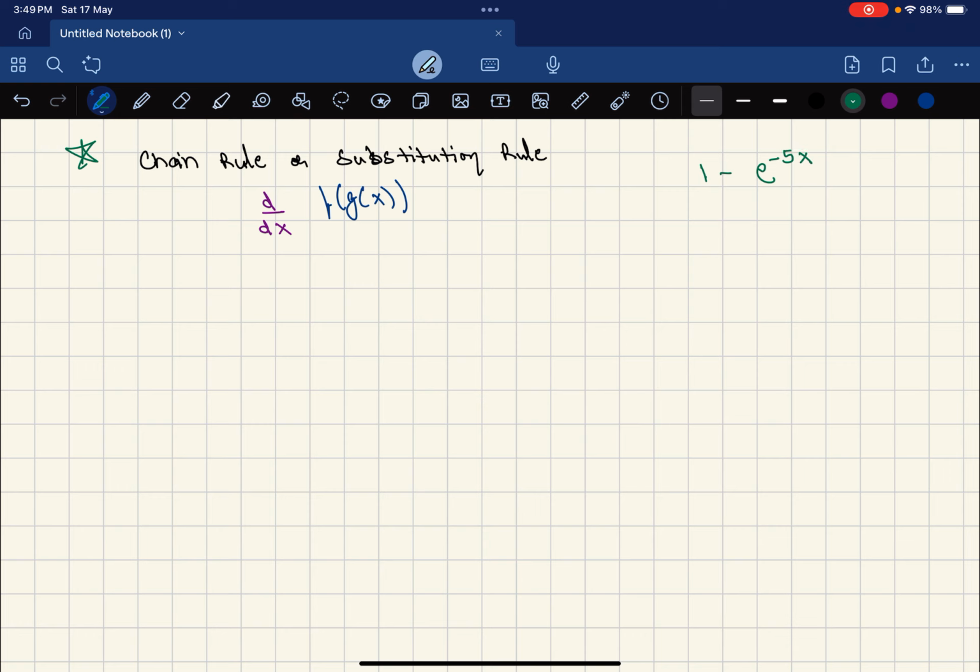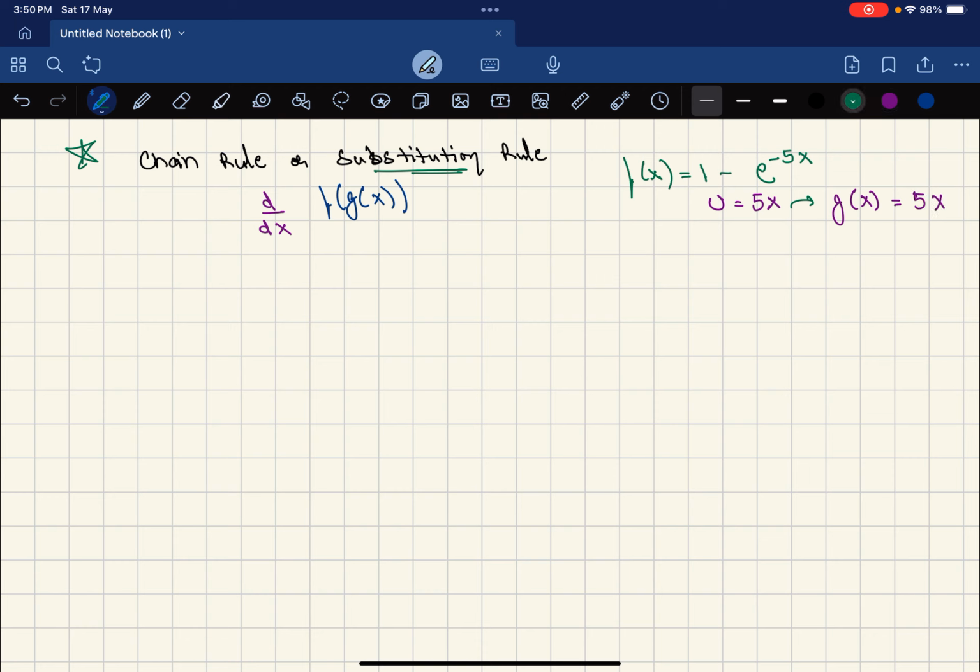Now since it is also called the substitution rule, let us try to use substitution here. So let us say we put u as 5x. Now this was f(x), and let us say we are giving u as 5x. So this could be written as g(x) equal to 5x, where g(x) is another function of x itself.